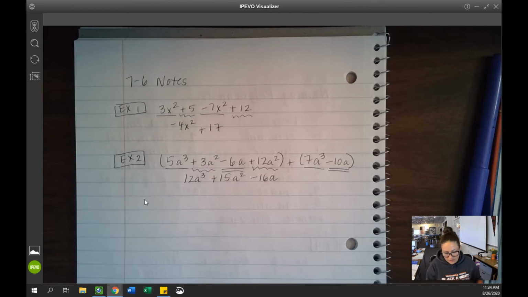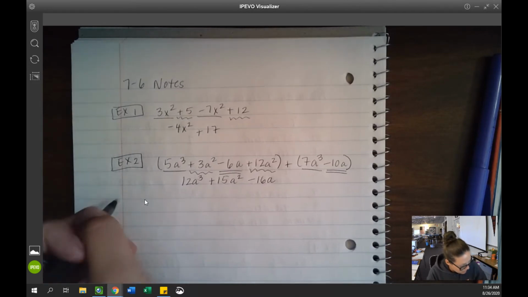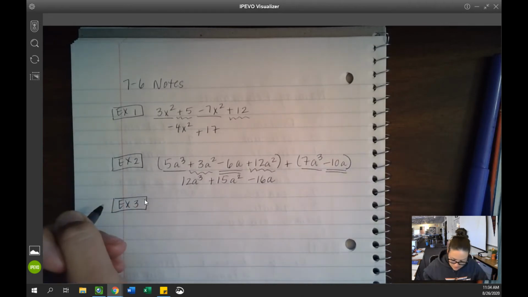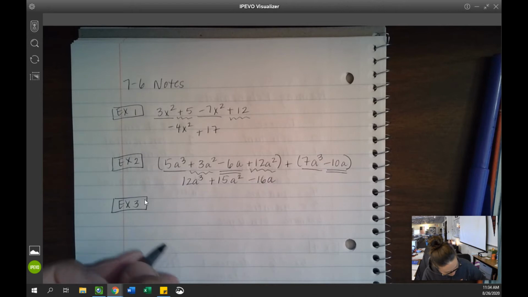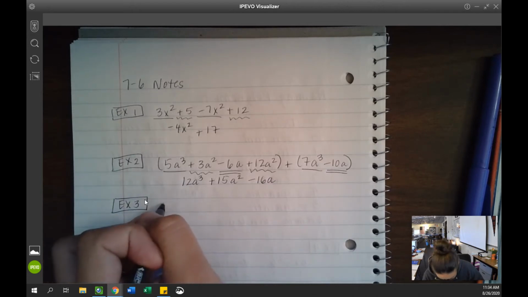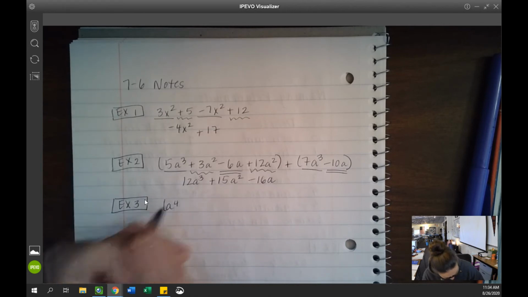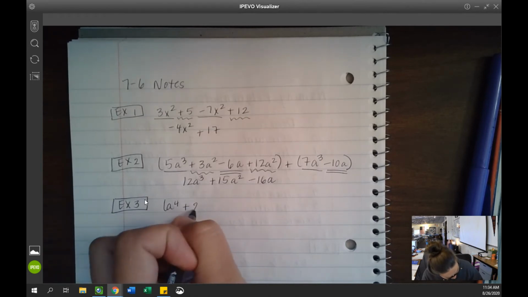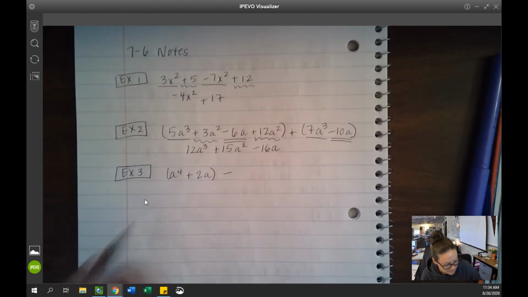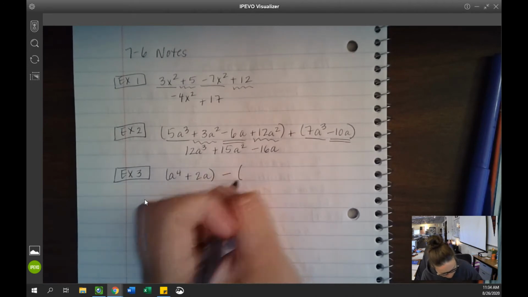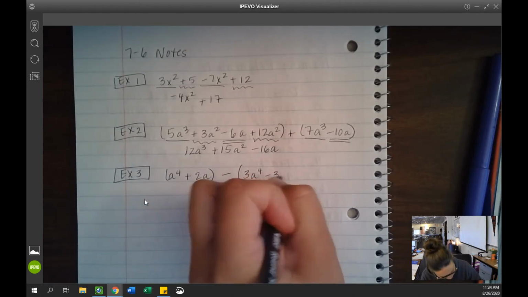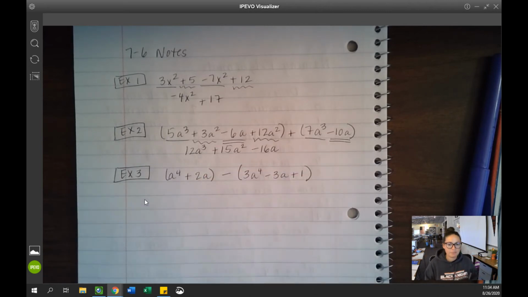All right. Let's talk about subtracting polynomials. So let's say I have something that looks like this. a to the fourth plus 2a in one parentheses minus, now I'm going to start a new parentheses, 3a to the fourth minus 3a plus 1.